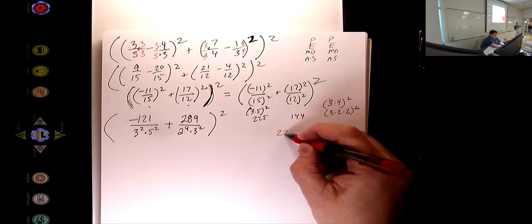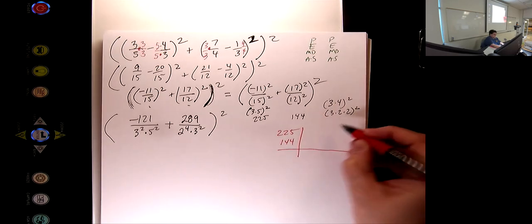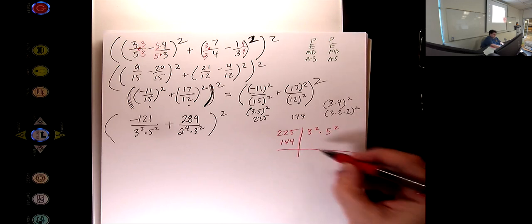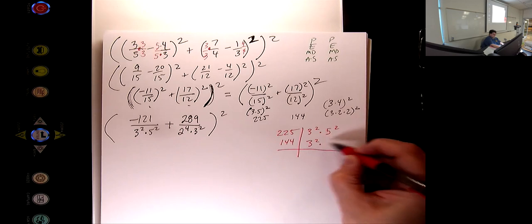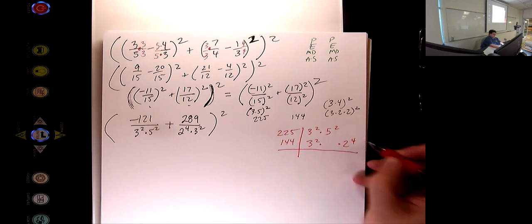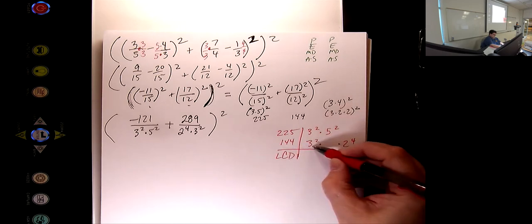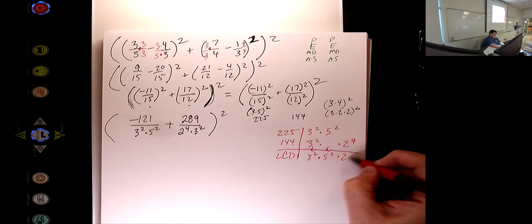The 225 and the 144, if I break them down in terms of their numbers, I've got 3 squared times 5 squared. This one's got 3 squared times 2 to the 4th. The lowest common denominator is going to have something from each column: 3 squared times 5 squared times 2 to the 4th.